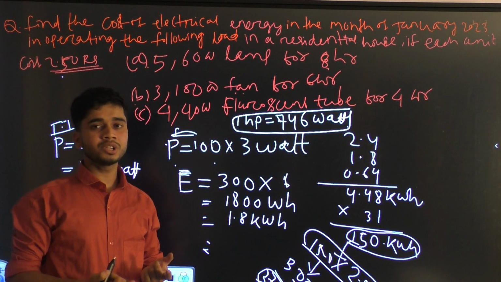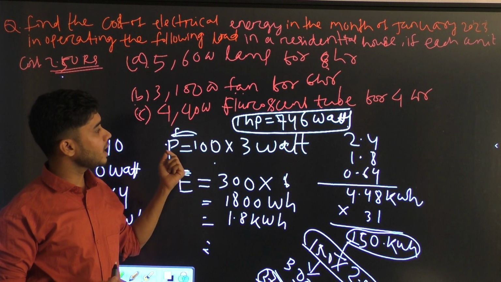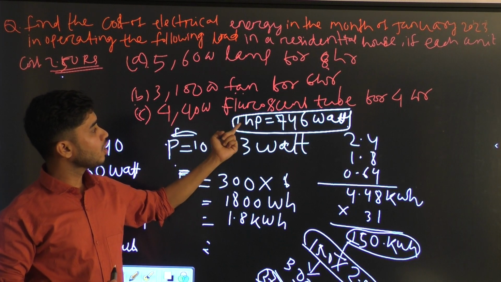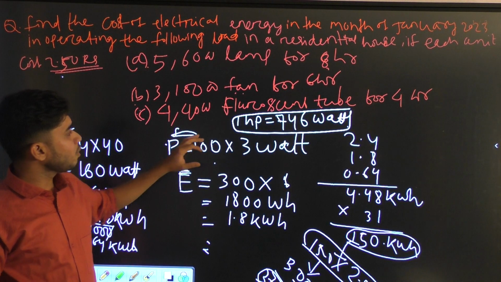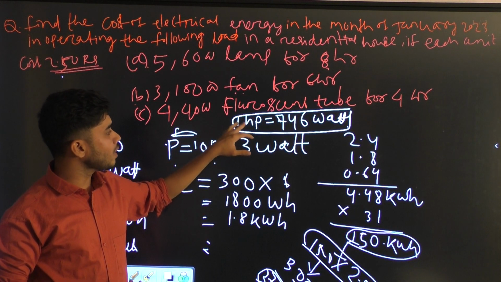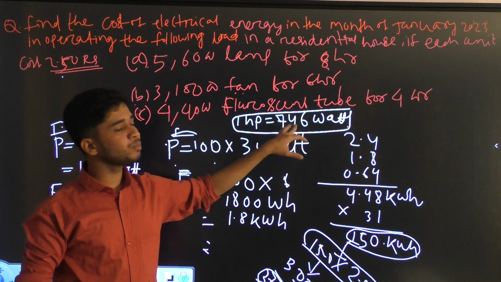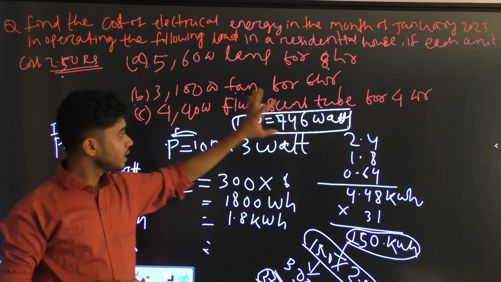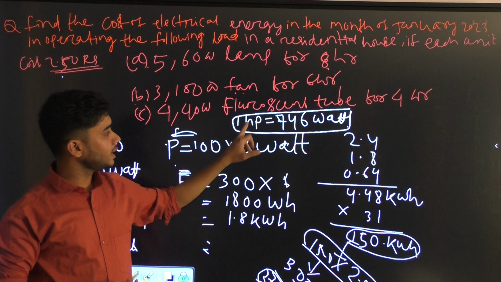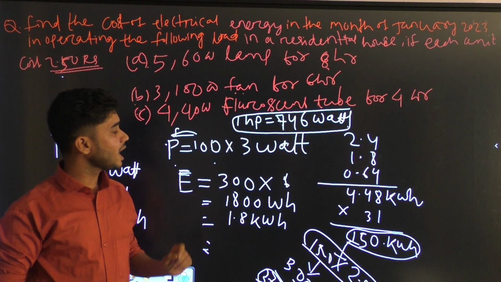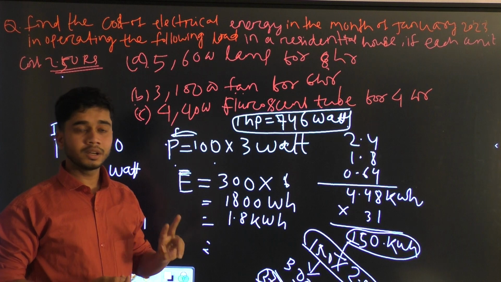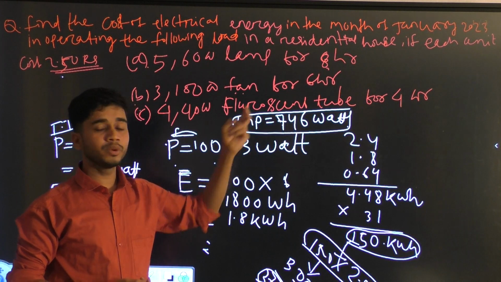So if the question says there is a motor and the motor is a 1 HP motor on for a period of 4 hours, 5 hours or 6 hours, then what you need to do, consider 1 HP equivalent to 746 watt. During calculation, if the motor is a 1 HP motor, take 746, and if there are 2 motors, multiply 746 with 2.